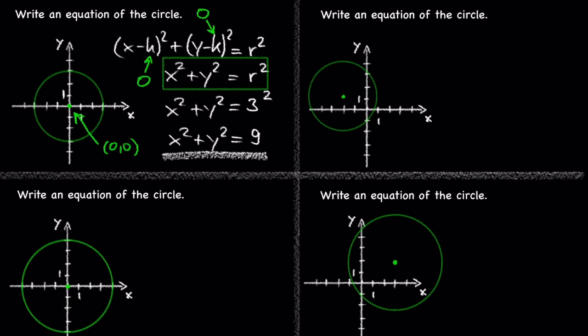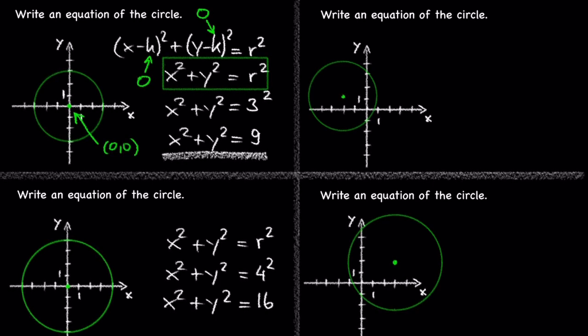In the next example, we again have a circle with a radius of 1, 2, 3, 4, whose center is at the origin of the xy plane. So we can write x squared plus y squared equals r squared. Four squared is 16. So we get x squared plus y squared equals 16.